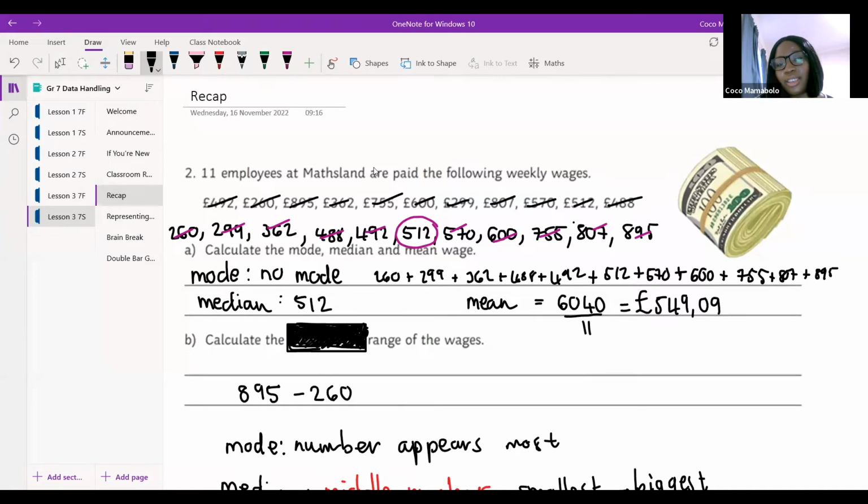Good. 895 minus 260 is going to give us 635. Good, 635 pounds. Buthe, we've got to be prepared for this, my dude. Don't skip any questions.